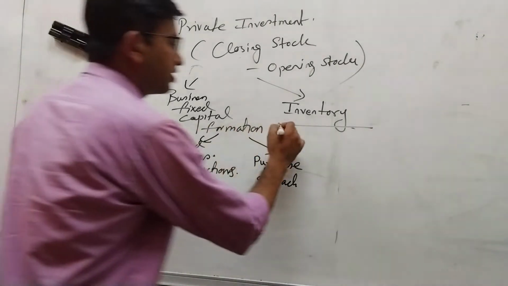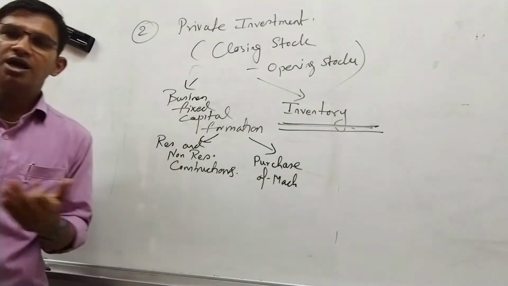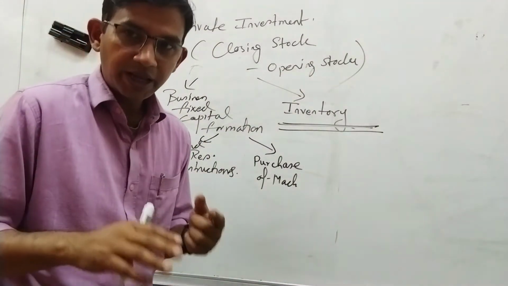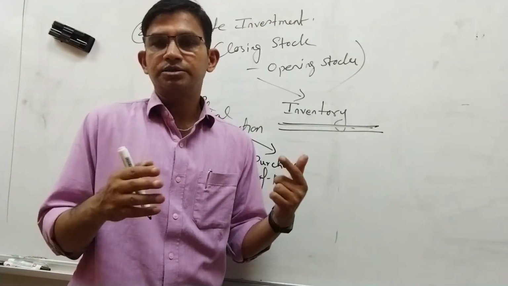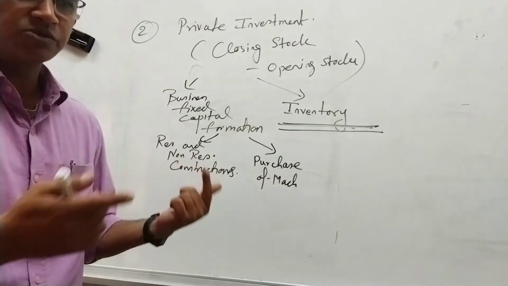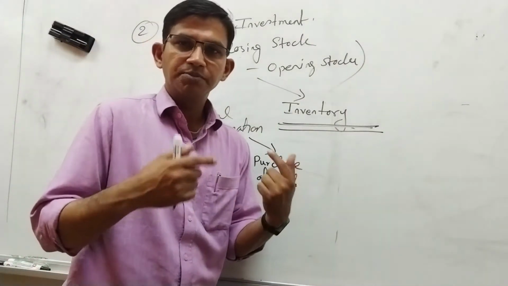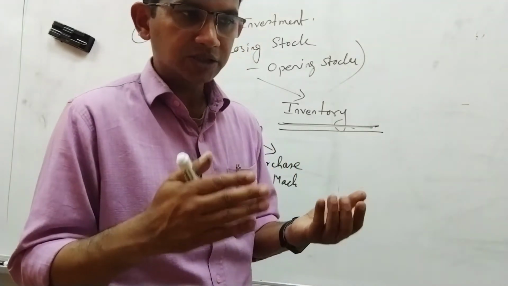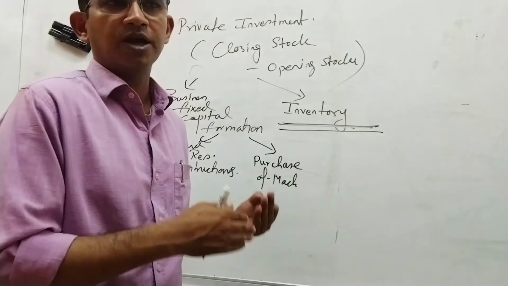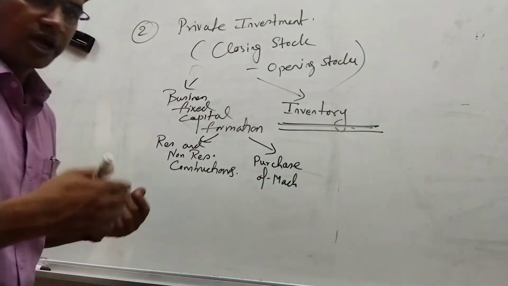Now, what is inventory? Inventory normally refers to stock adjustment, mainly to deal with the situation where there is a mismatch between demand and supply. That means simply maintaining the unsold stock for market fluctuations.